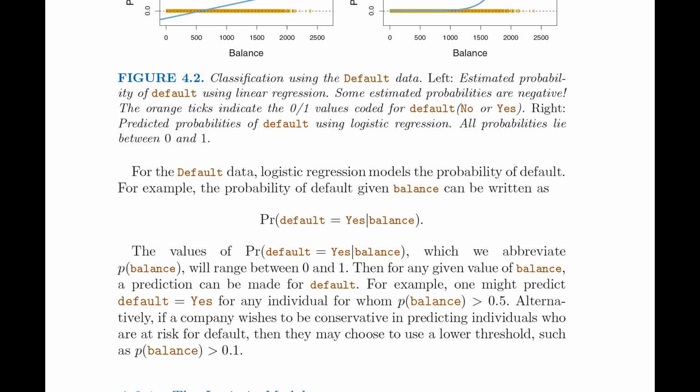Alternatively, if a company wishes to be conservative in predicting individuals who are at risk for default, so this is a bit subjective, although there are going to be ways of getting this cutoff. So 0.5, the book then mentions 0.1, getting a cutoff that's based on a specific set of instructions.